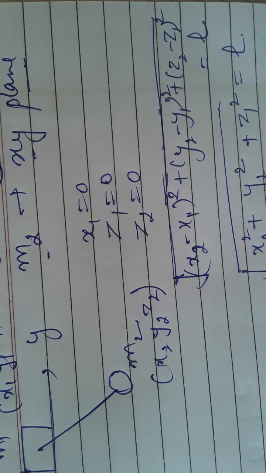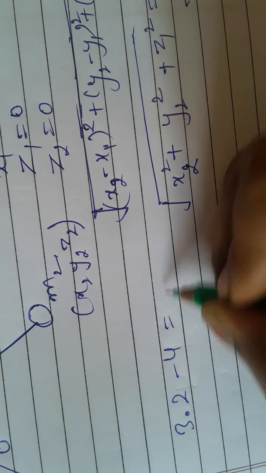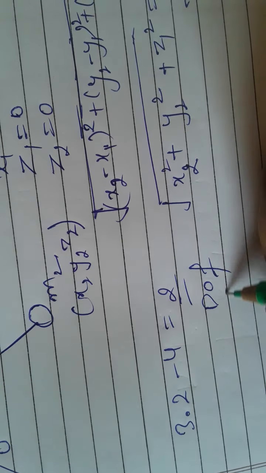So there are also 4 equations of constraint here. 3 into 2 minus 4 is 2 degrees of freedom.